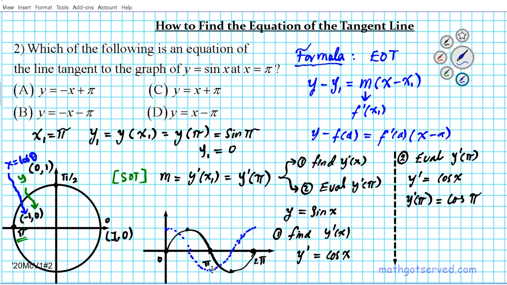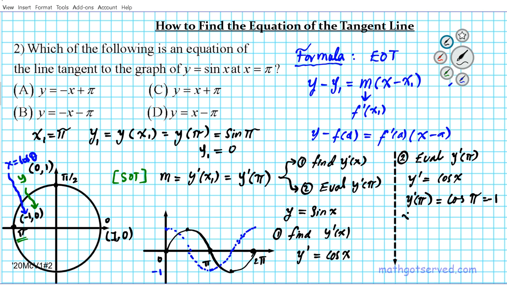And you can see that cosine of pi is equivalent to -1. Okay, so y prime of pi, whichever way you did it, either use the unit circle or the graph, is going to give us -1. So what did we just find? We just found what m is. So we have everything we need.